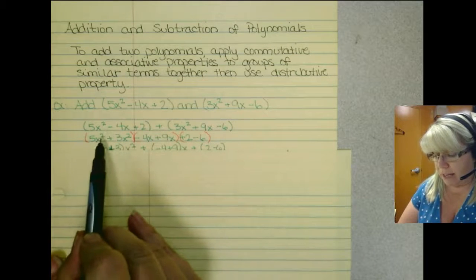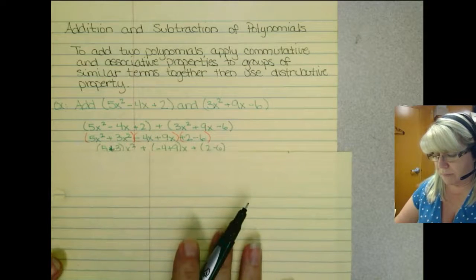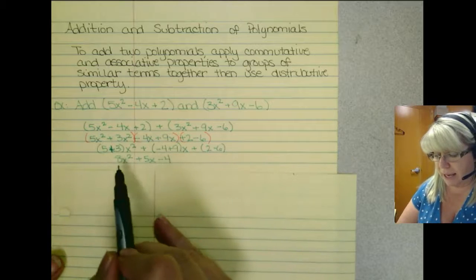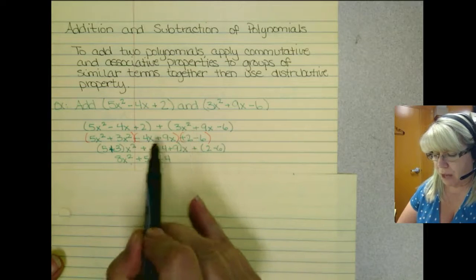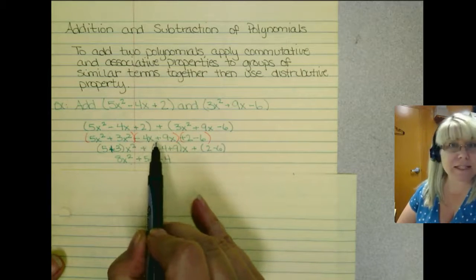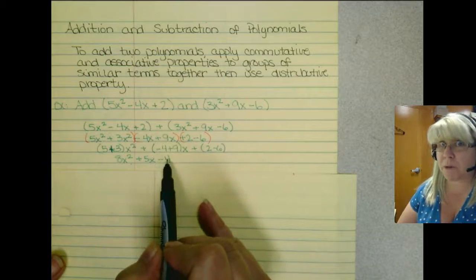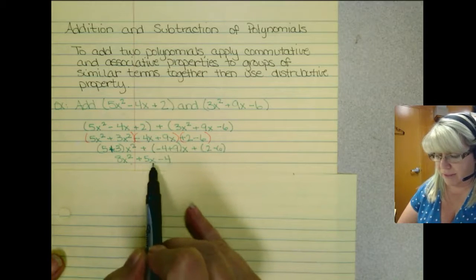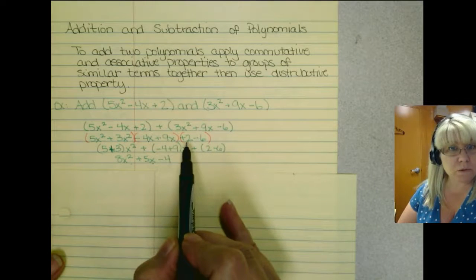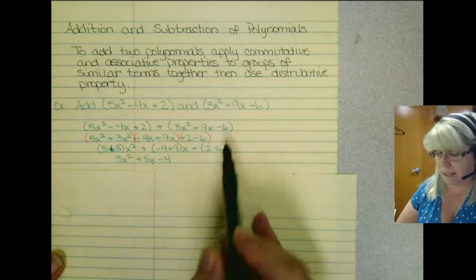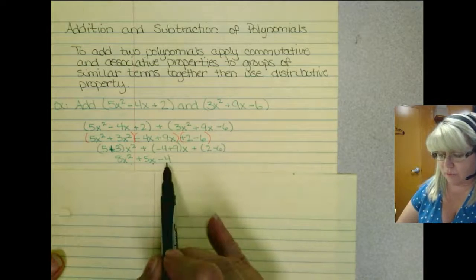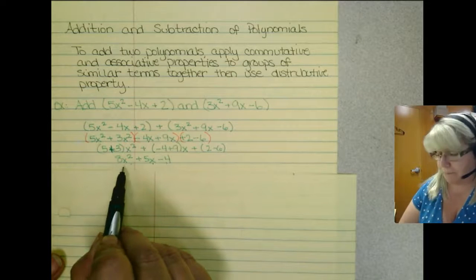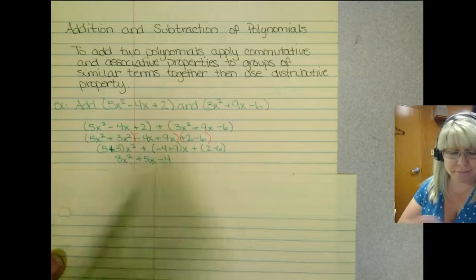So I have 5x squared plus 3x squared. Well, you can see distributive property applies and I get 8x squared. Negative 4x plus 9x, again distributive property still applies, so it's really negative 4 plus 9 is 5x. And then 2 minus 6 is a negative 4. So ultimately, it's 8x squared plus 5x minus 4.